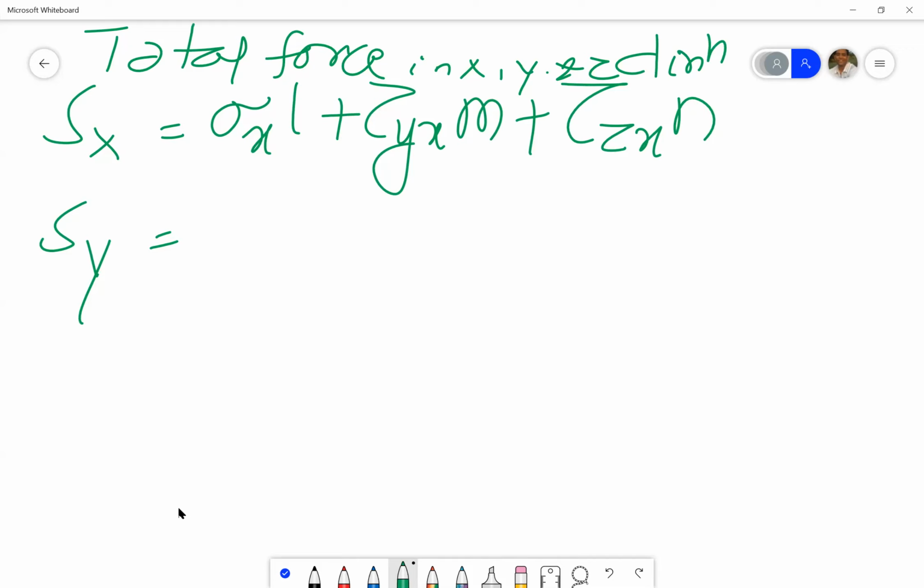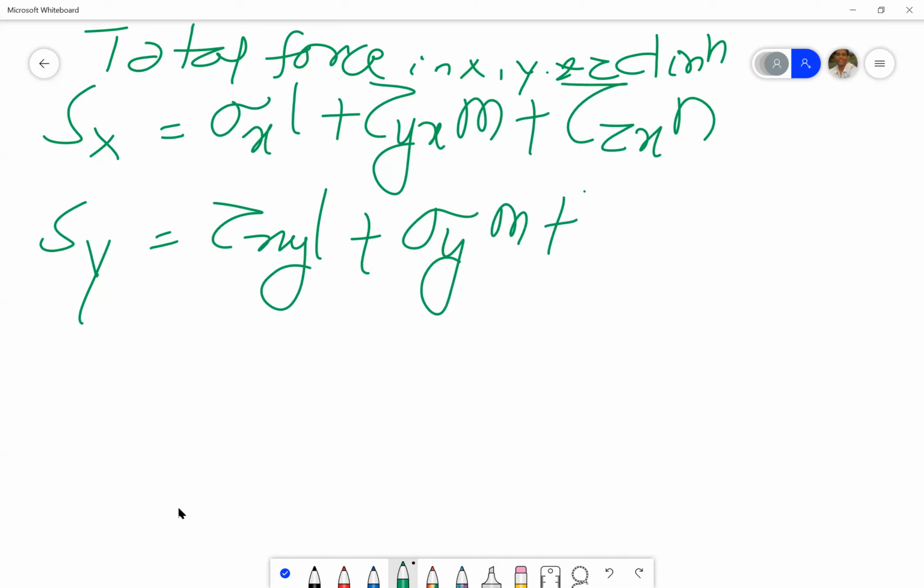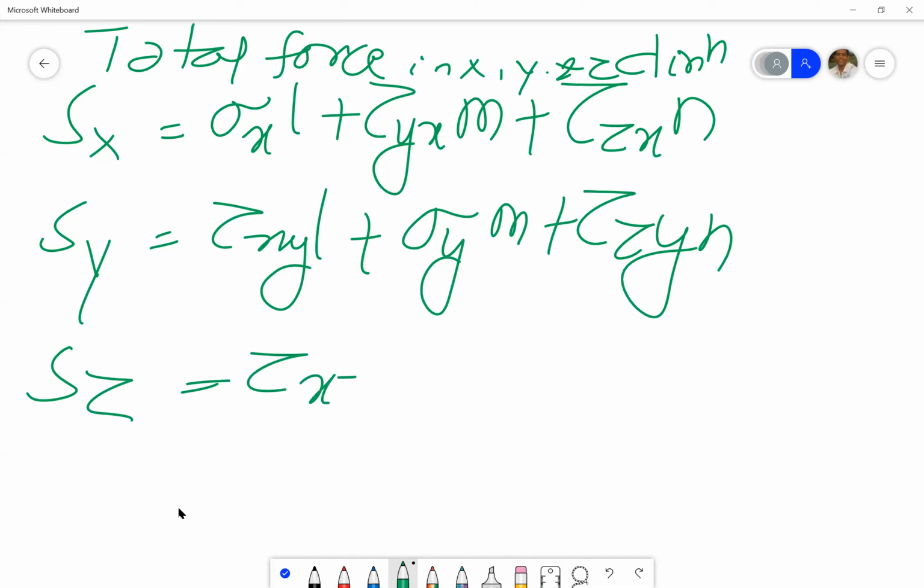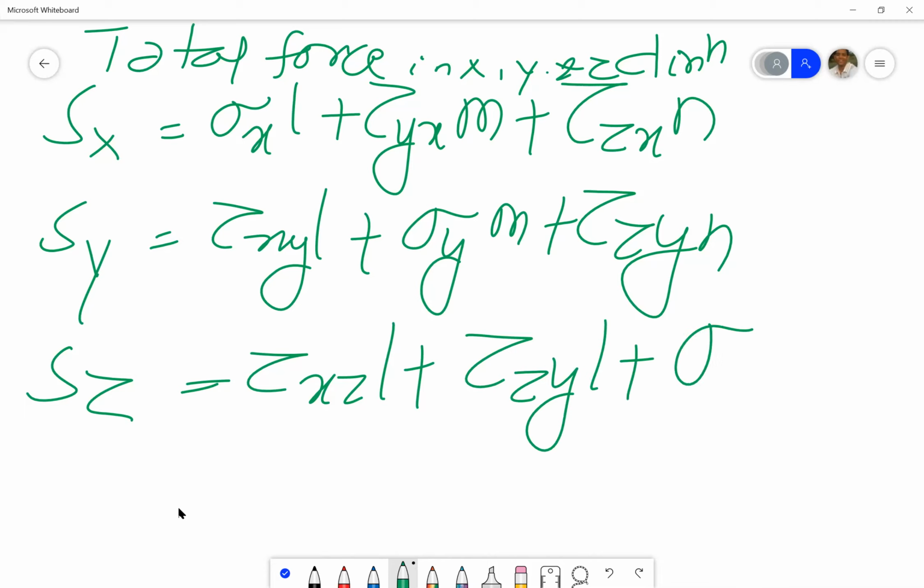So Sy is equal to tau xy into L plus sigma y into m plus tau zy into n. Similarly, Sz is equal to tau xz L plus tau zy m plus sigma z into n.